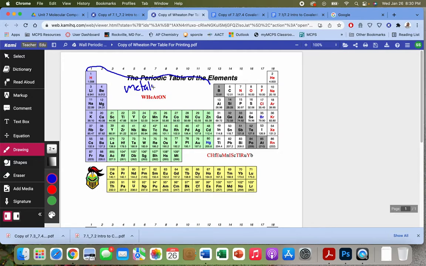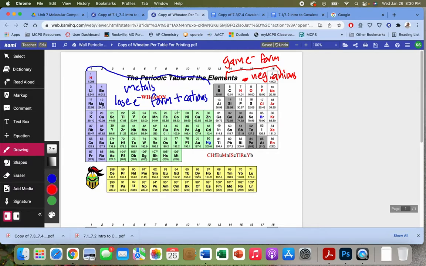And these guys lose electrons, and they form positive cations. Whereas the guys on this side of the table gain electrons, and they form negative anions, okay? And so we had a cation and an anion, and we said, okay, that makes sense, right?